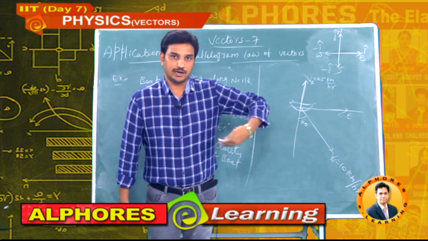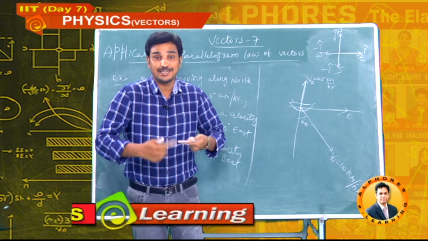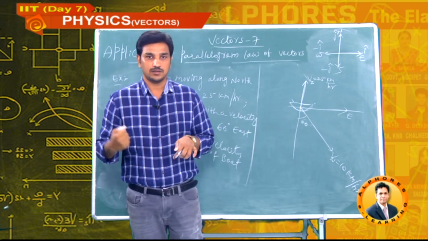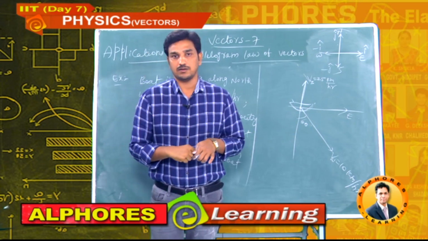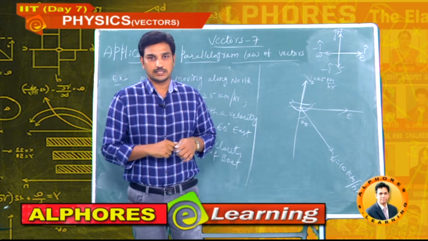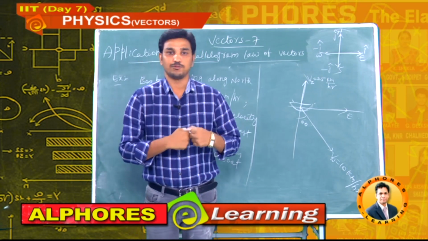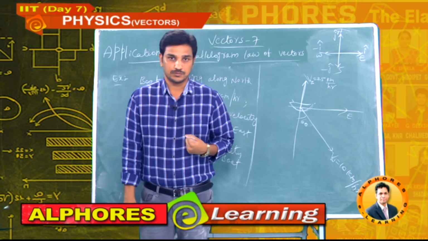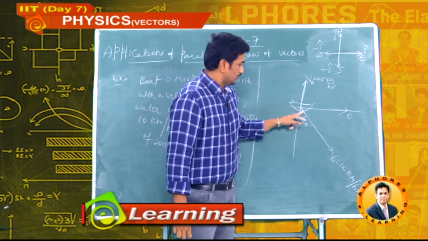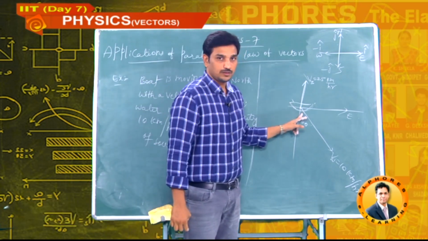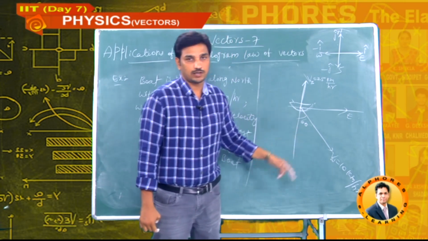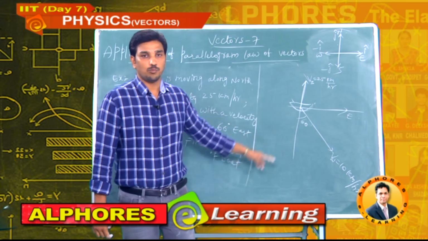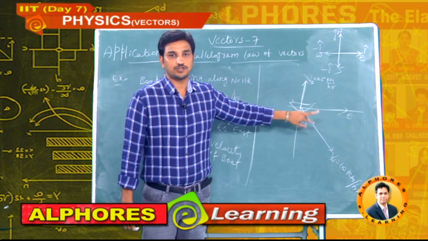When you cycle in the direction of the air, your speed will increase: your velocity is 10 km per hour, air velocity 2 km per hour, then your velocity is 12. Suppose you are cycling opposite to the airflow: yours 10, air 2, your velocity is 8, it decreases. Now, here the resultant of these two will act. When the boat is moving inside water, water has some velocity, the boat has some velocity. Now, the boat is moving with the resultant velocity of both.